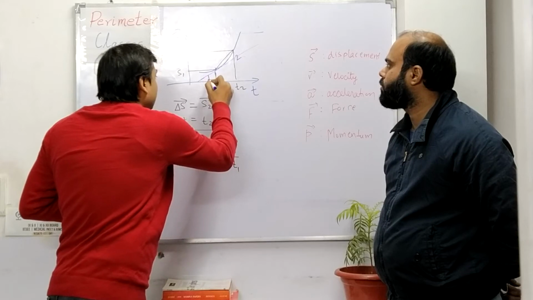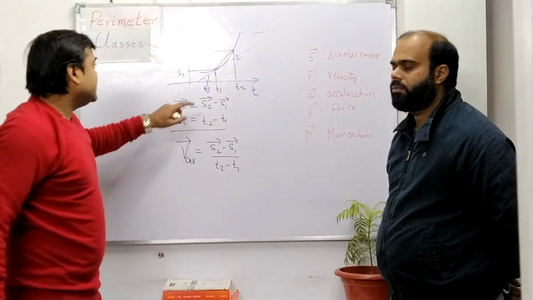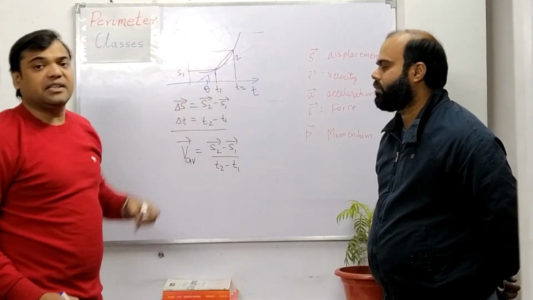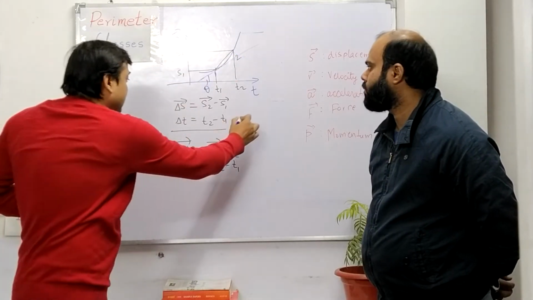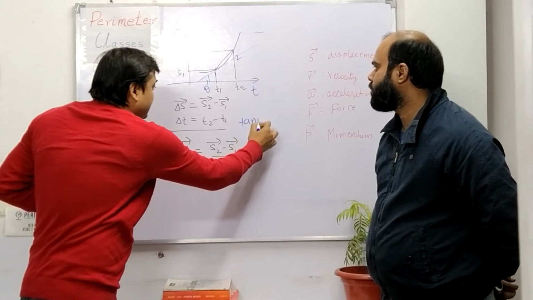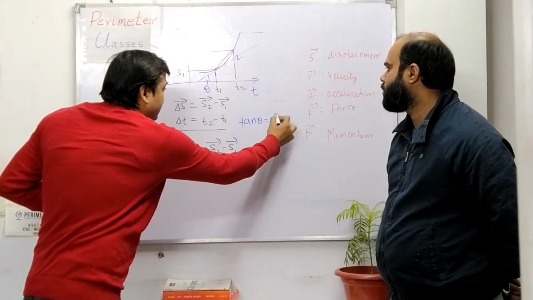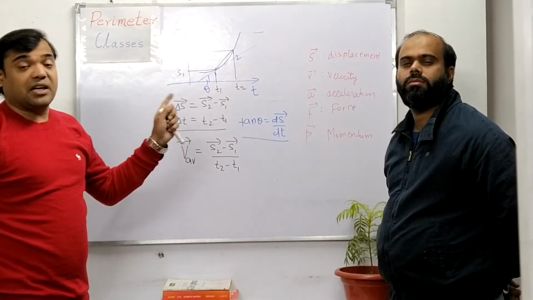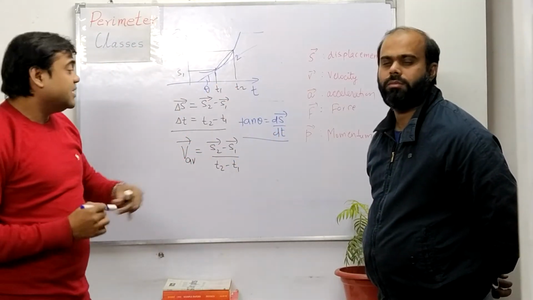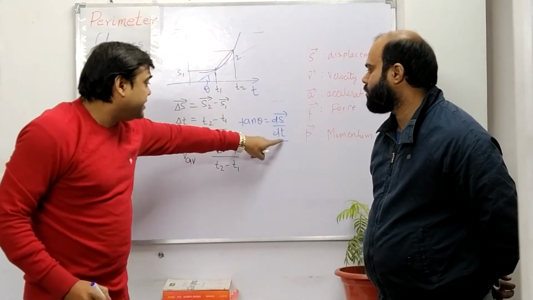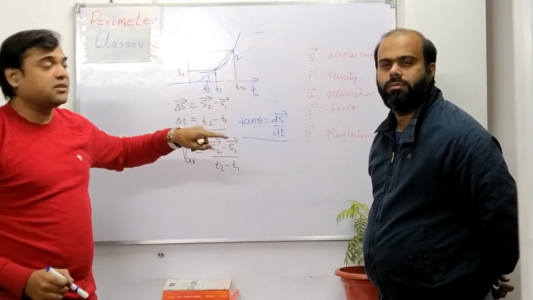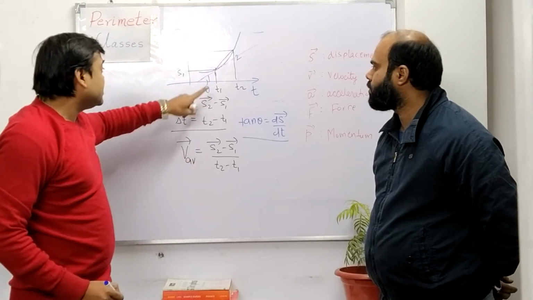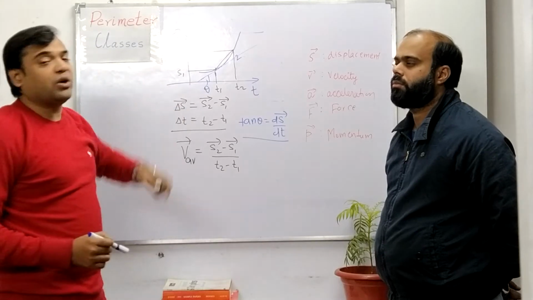And this angle, let us say it is theta, then the slope of this tangent can be written as tan theta, and from the last lecture we remember that tan theta is simply, in this graph, ds by dt. So this ds by dt is the instantaneous value at point 1, while the earlier quantity was the average value between point 1 and 2.